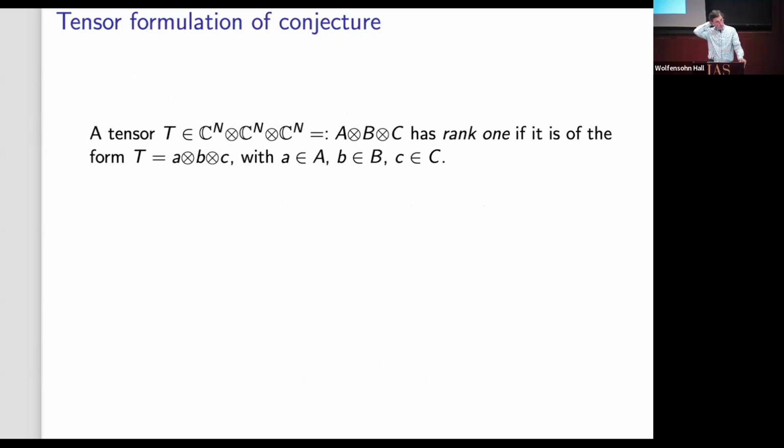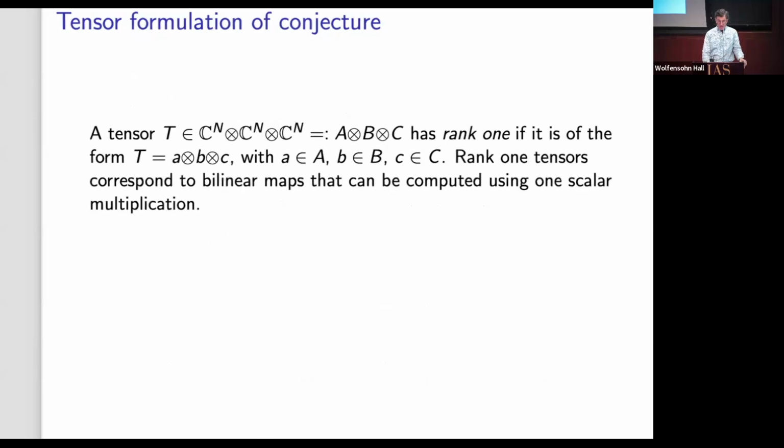Right, so a little bit of language. A tensor, like a matrix, has rank 1 if it's a product of a row vector, a column vector, and let's say a vector sticking out of the blackboard. And the rank 1 tensors essentially correspond to bilinear maps that can be computed using just one scalar multiplication.